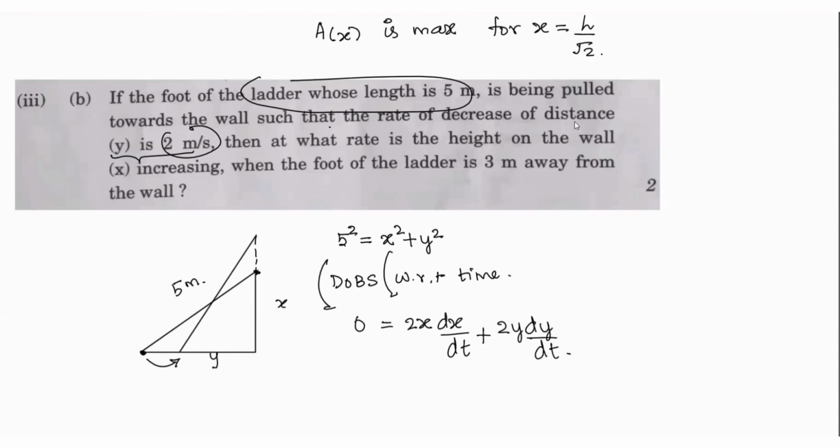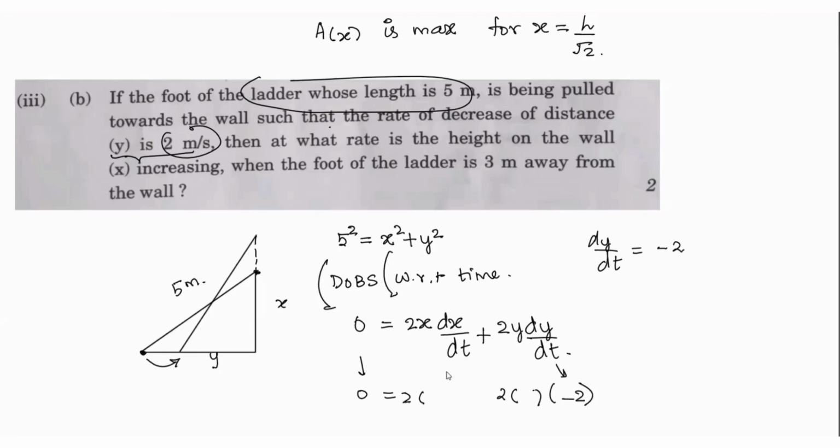The rate of decrease of distance y means they have given dy by dt. Since it is a decrease, I'm going to use -2 for that. So this will be 2 into y, we don't know yet. So dy by dt is -2. This has to be 0.